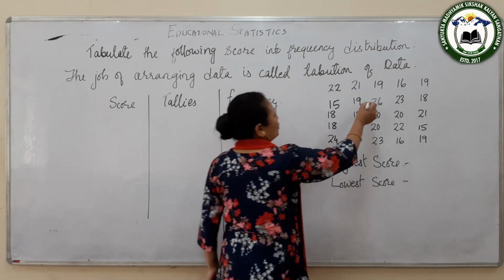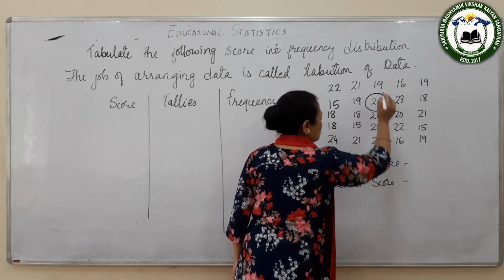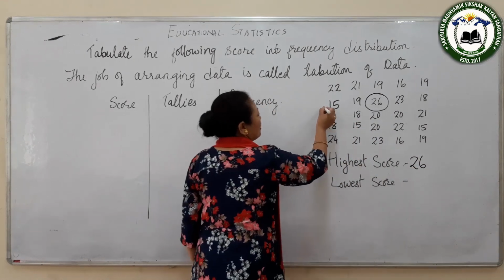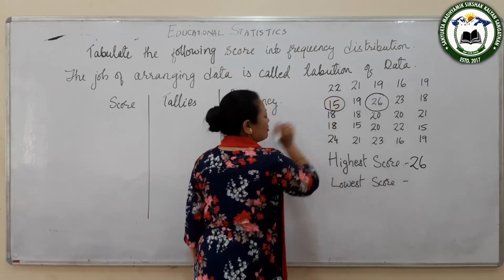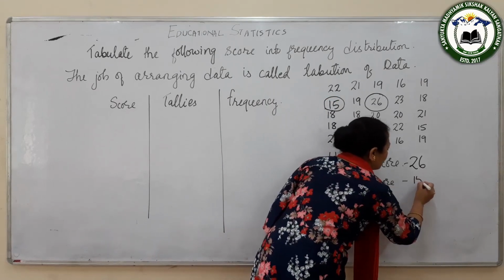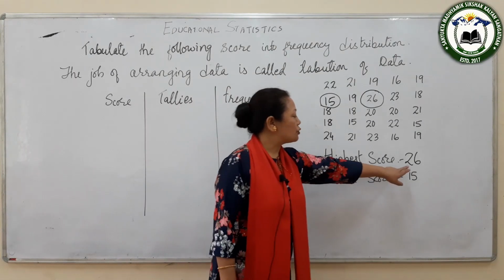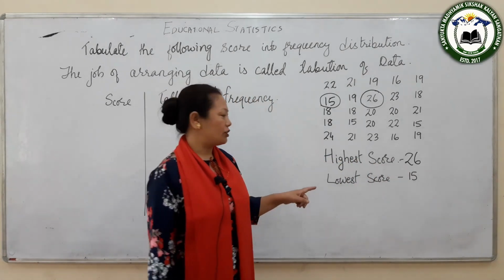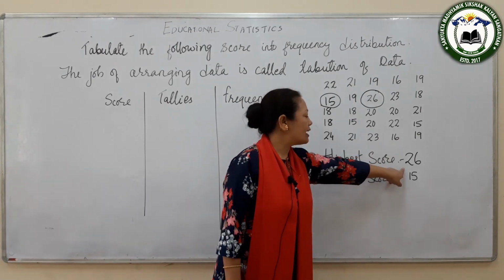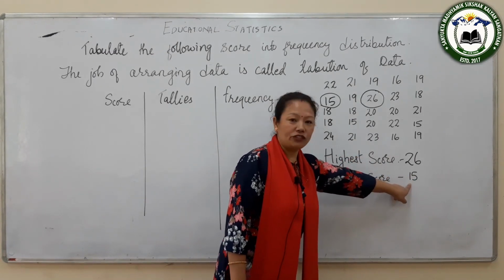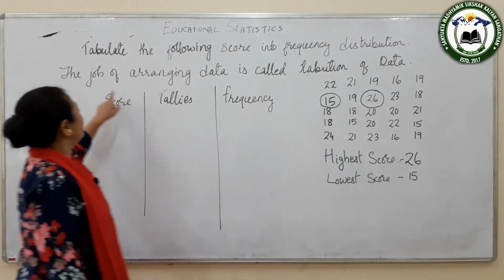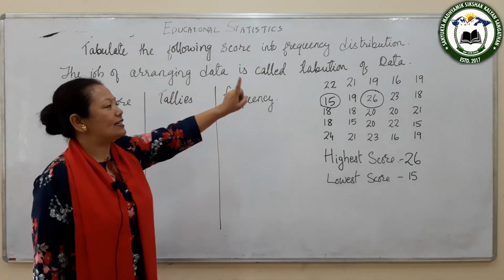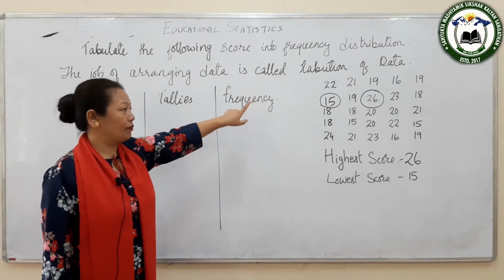My highest score is 26, and my lowest number is 15. Similarly, when you have to arrange these numbers in descending order, you start from 26 until you reach 15. Here I have written, the job of arranging data is called the tabulation of data.